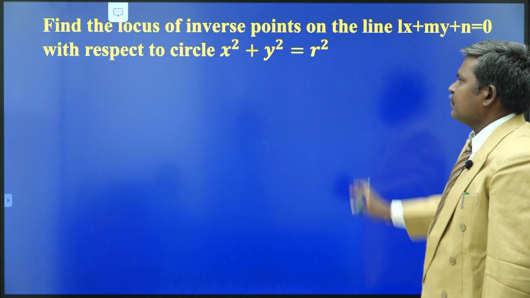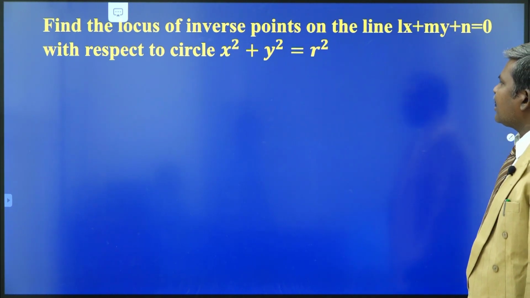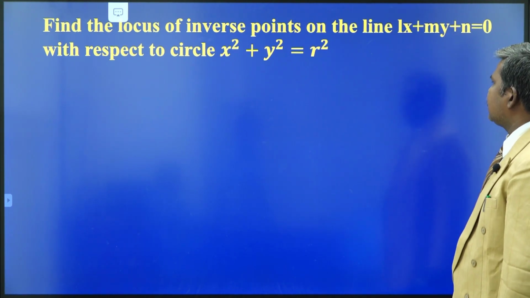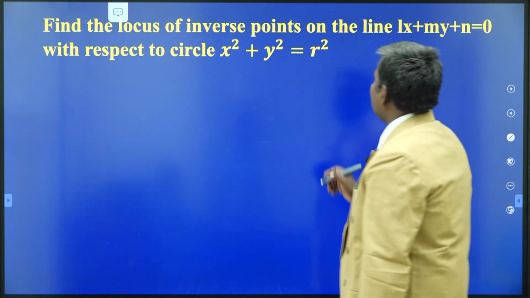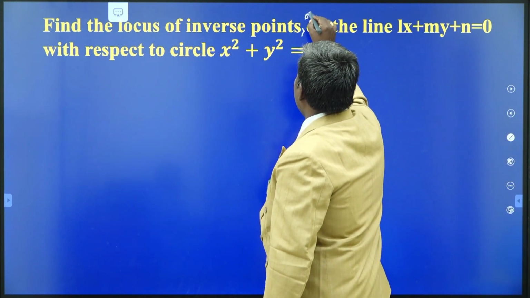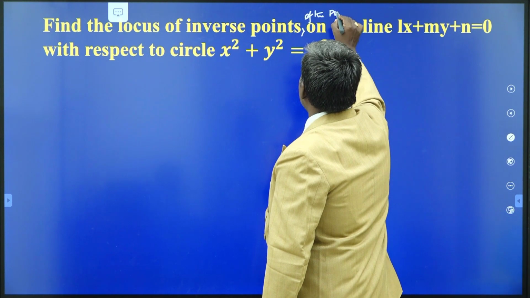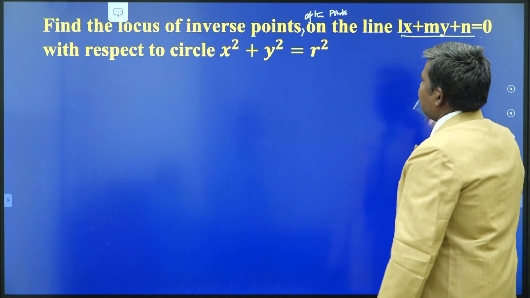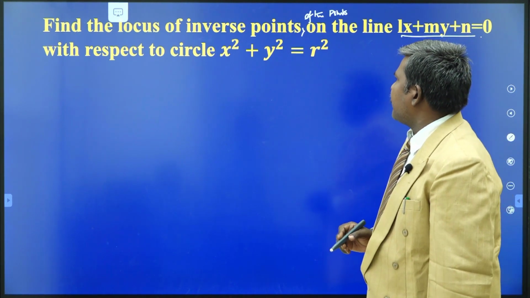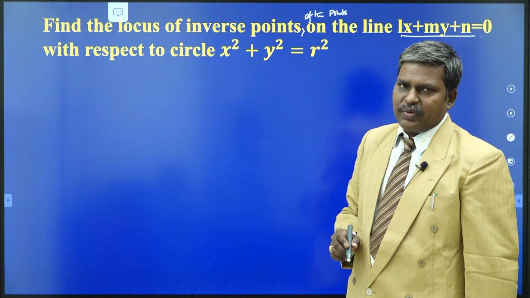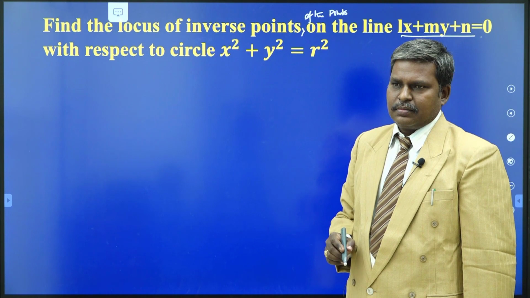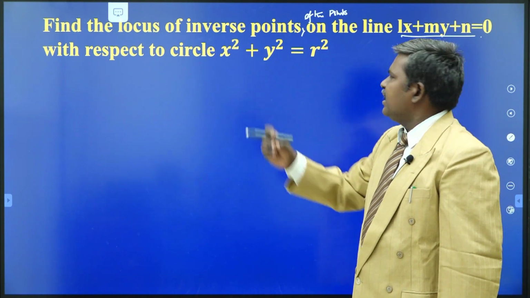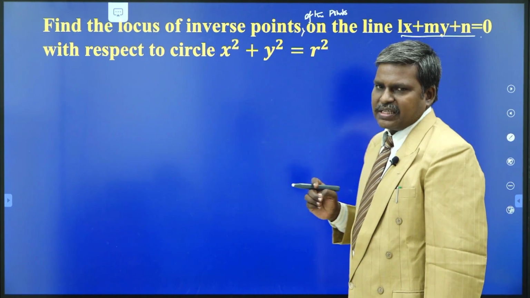Read once again. You have to find out the locus of inverse points of the points on the line Lx plus My plus n equal to 0 with respect to the circle x square plus y square equal to r square. Some point is moving on the line Lx plus My plus n equal to 0.